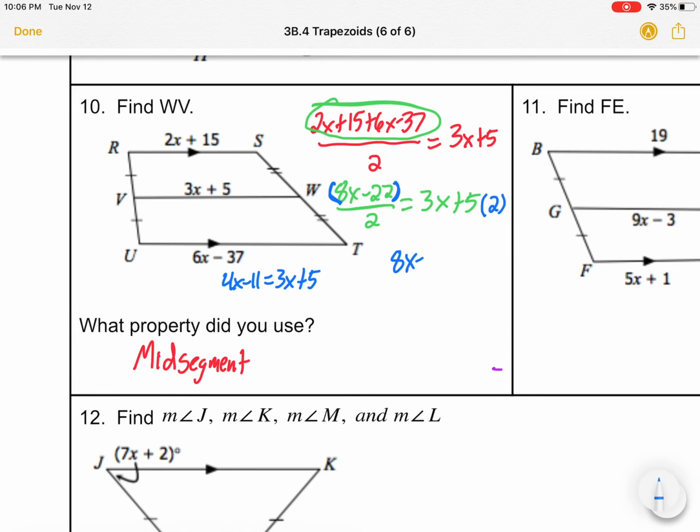If you multiplied it, you would get 8x minus 22 equals 6x plus 10. Doesn't matter which way you want to do it, just which way you feel more confident and more comfortable with. So either way, minus 3x plus 11, minus 6x plus 22. So this would get 2x equals 32. In both cases, x equals 16. So again, you just need to make a personal preference, which one you want.